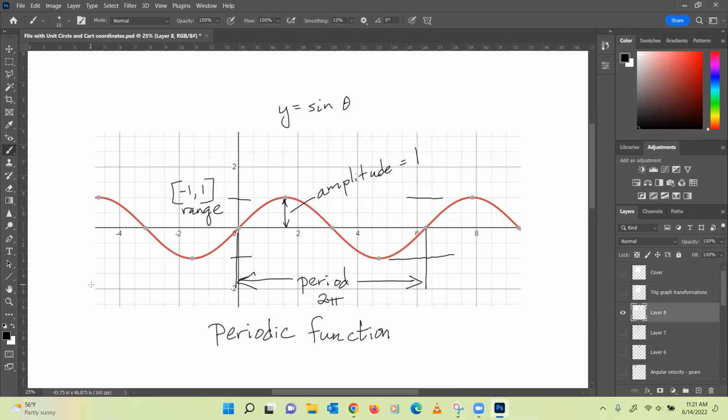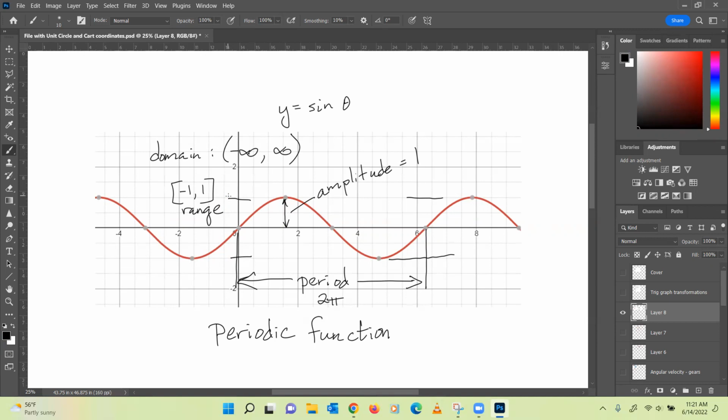That's the range of the sine function. The domain are the x values, and it's everywhere. So the domain of sine is -infinity to infinity. That gives us our domain and range of this particular function.